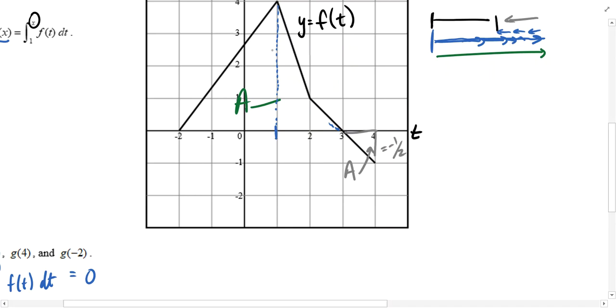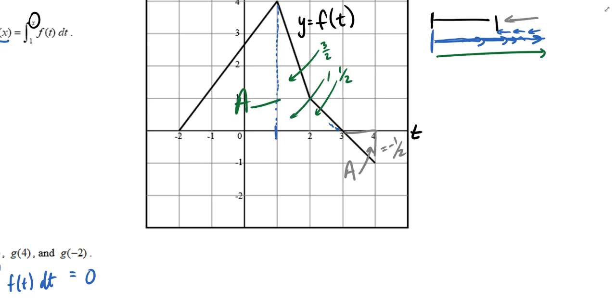-1/2. And for this upper region, well, we've got a positive 1/2 here. We've got half of 3 here, 3/2, half of the base times the height. And then we've got an area equal to 1 square unit here. So if we have 1 plus 1/2 plus 3/2, that's 6/2, or a total area equal to 2 units.